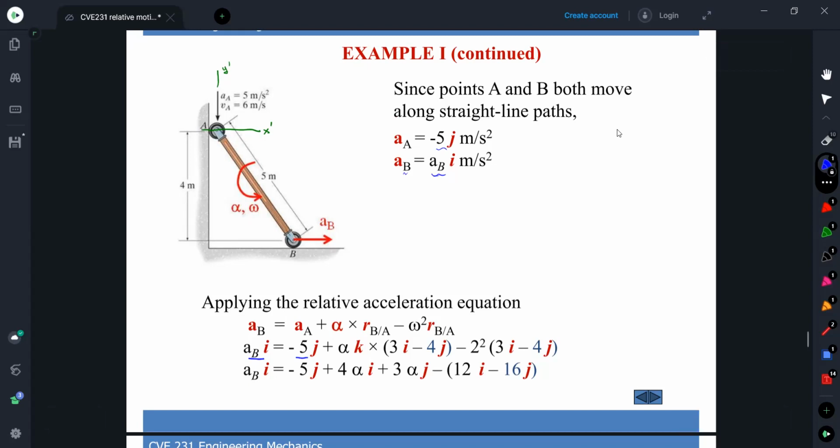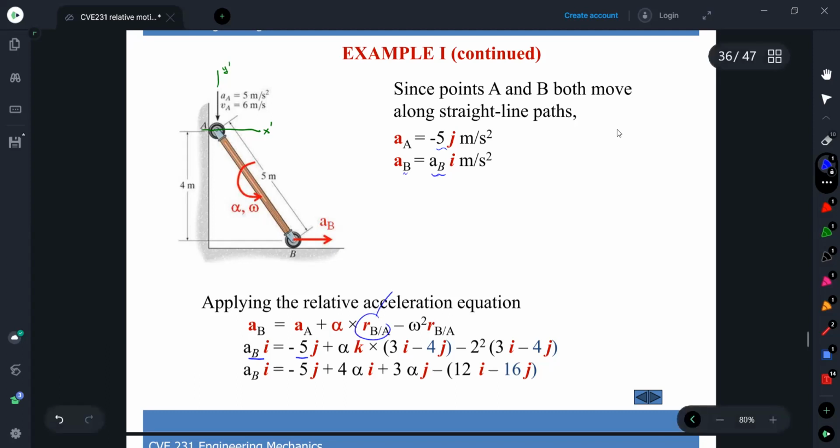For A, it has only one component in the vertical direction, and for B, only one component in the horizontal direction. According to this, we apply the relative acceleration equation: AB equals AA plus alpha cross RB sub A minus omega squared RB sub A.